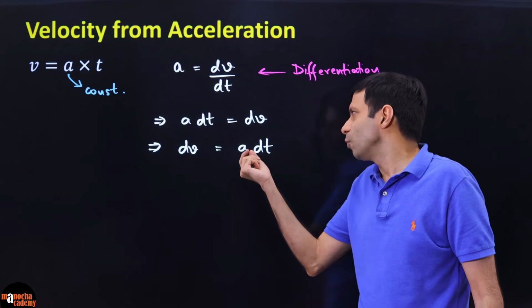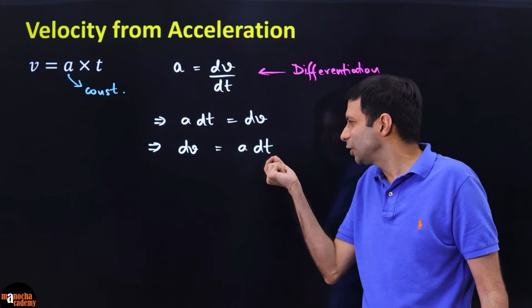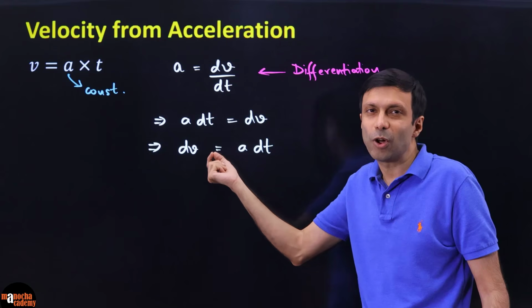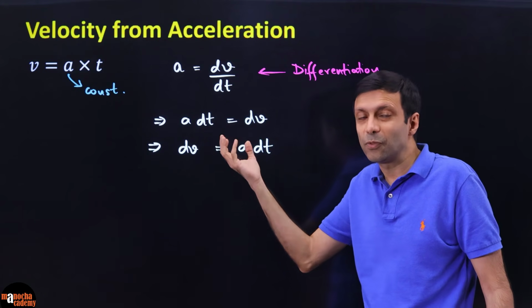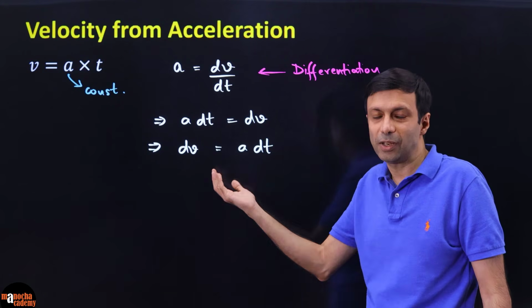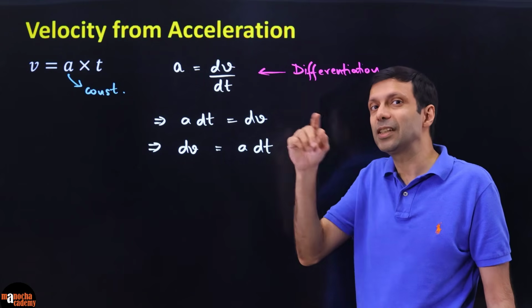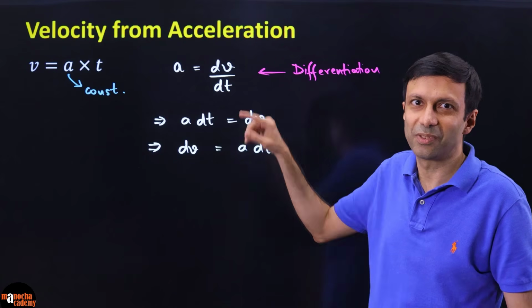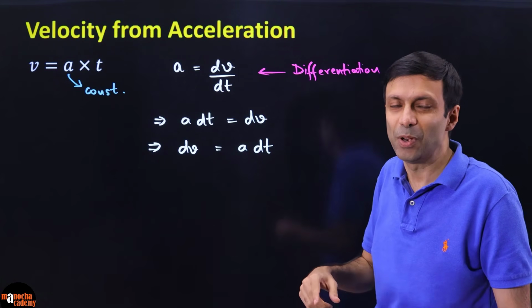What does this mean? That if you multiply acceleration with a very, very small time interval, you will get the value of that small velocity. And to get the full velocity, you need to take a summation here, right? Summation in statistics we represent with sigma, but in calculus we write that big kind of S symbol for integration.